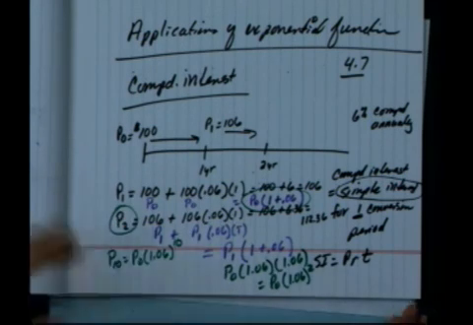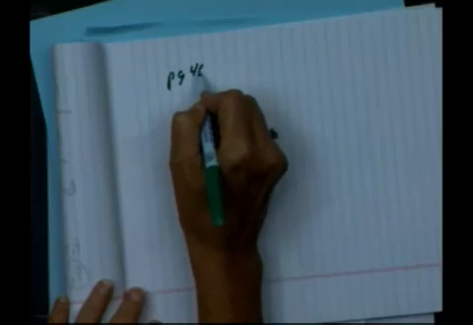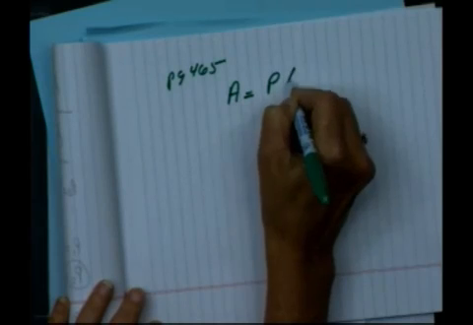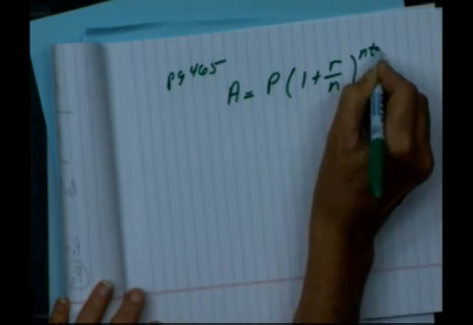If you did all of this with symbols, you would come out with a formula that you're going to memorize, if you haven't already memorized it. And that formula is on page 465. And the formula is A equals P times 1 plus R over N to the NT.